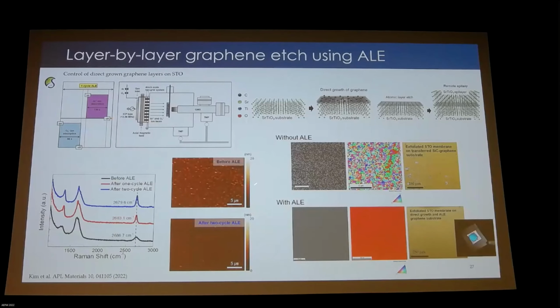Right? So the results without ALE on directly grown graphene on STO substrate give a polycrystalline growth because the thickness of the graphene is very non-uniform and rather thick. But with ALE, we can get very nice single crystalline films and very high yield exfoliation.